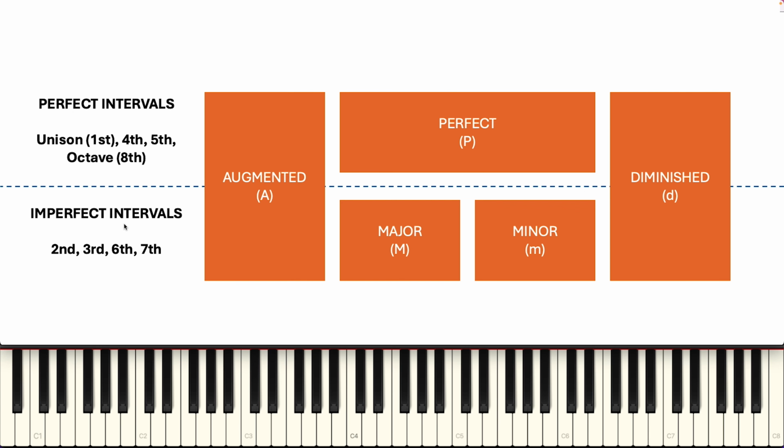While the imperfect intervals could be either major or minor, and from the major we can go to augmented, and from the minor we can go to diminished, which means that imperfect intervals have 4 possible qualities and not 3 like the perfect intervals. So the difference is that the perfect intervals don't have major and minor qualities. They're always perfect, and from there you can go to either augmented or diminished.